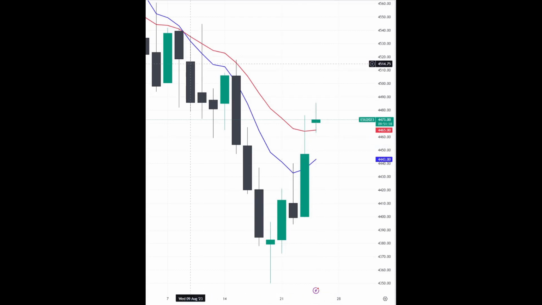And again, just observe where we crossed from the 9 over the 18 down. That was several candles ago, to be precise. That was August 8th to August 9th when that crossover happened. So here we are, August 24th, and we are above both the 9 and the 18.